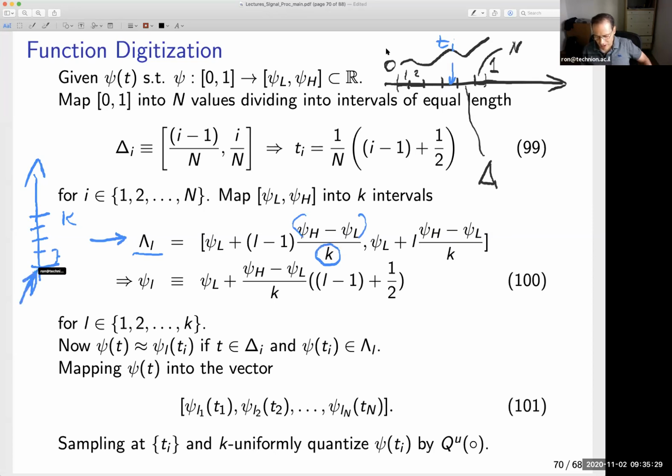So this interval would be gamma 1, this would be gamma 2, this would be gamma 3, etc., until gamma k. So L belongs to 1 to k. This is the game that we will be playing in this lecture.